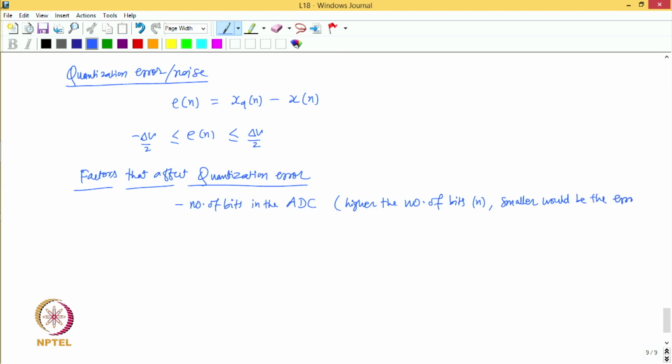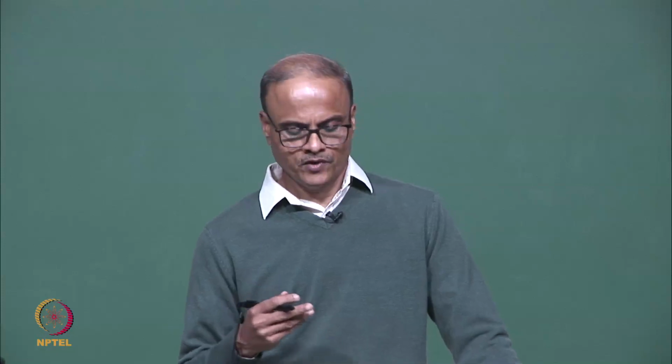Because if n is higher, the number of intervals becomes larger, and then the width of each quantization interval becomes smaller, and therefore the quantization error also would be correspondingly small. The rounding up error would be smaller.